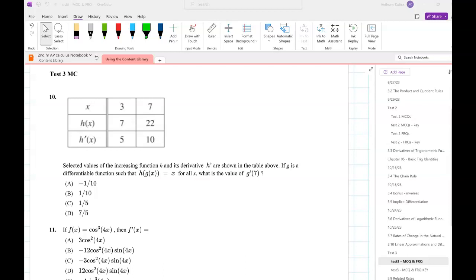And now you go to your table and look up g of 7. But they're inverses, right?